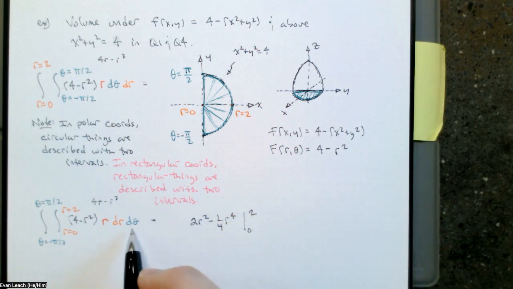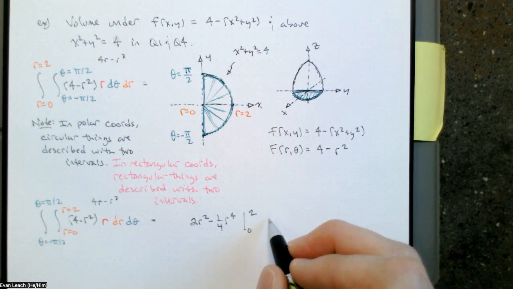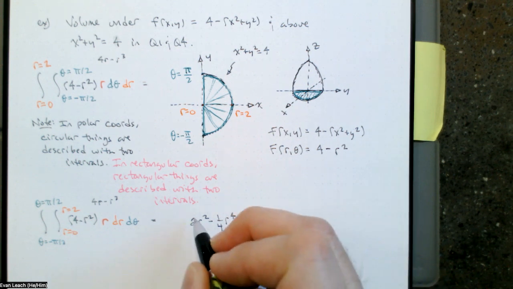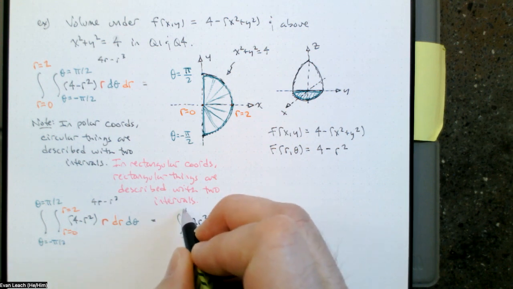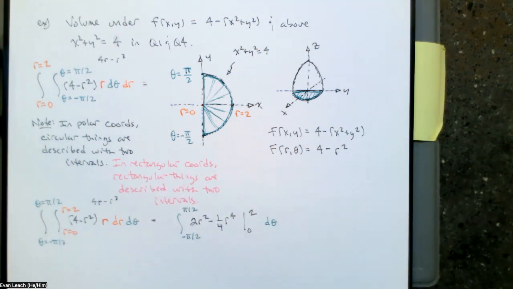We still have an integrated d theta. But let's continue our definite integral here.